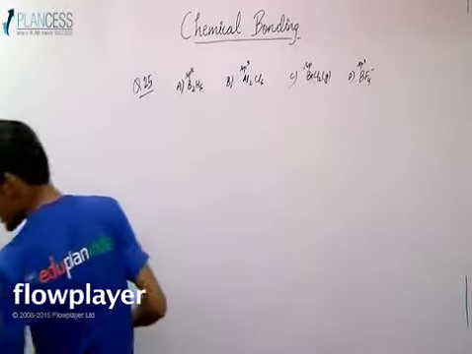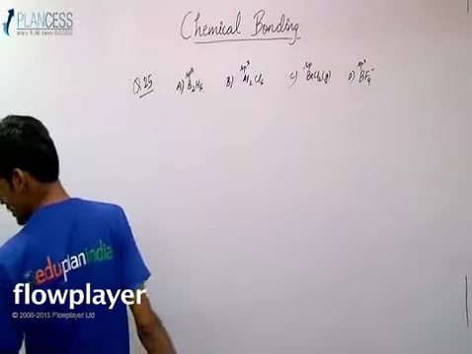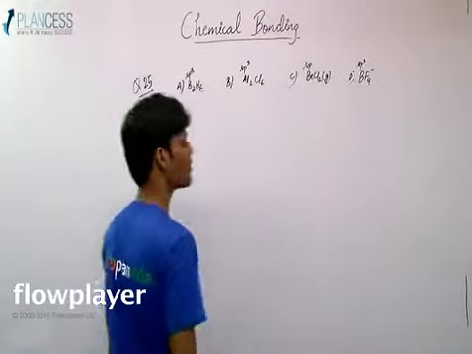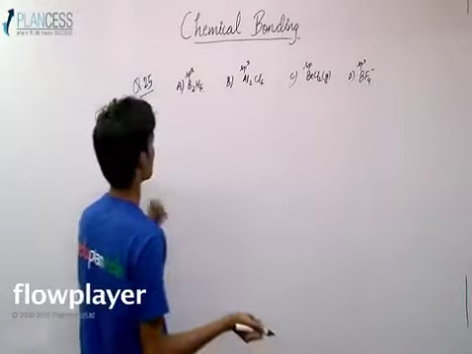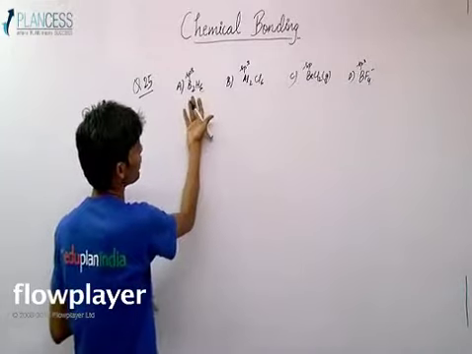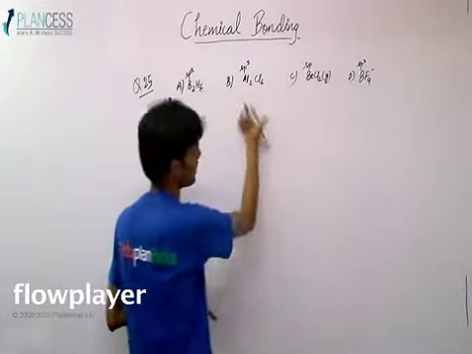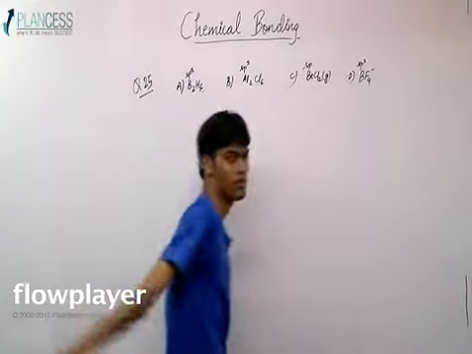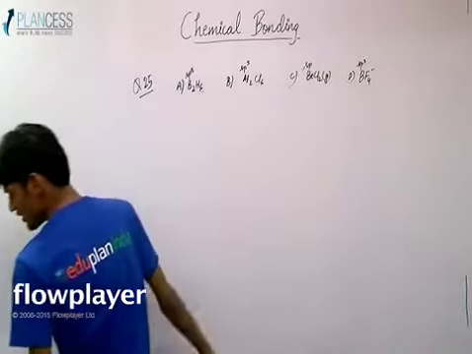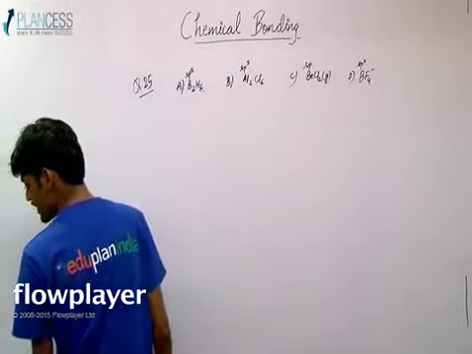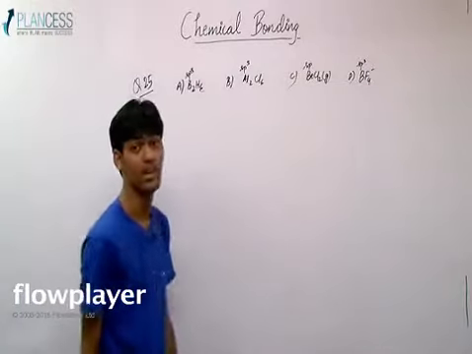The next property given is that hybridization can be considered to have taken place because of the empty orbital. This has the empty orbital, this also has the empty orbital, and this also has the empty orbital. So again, all three are possible candidates. The next is that all AB bond lengths are identical.